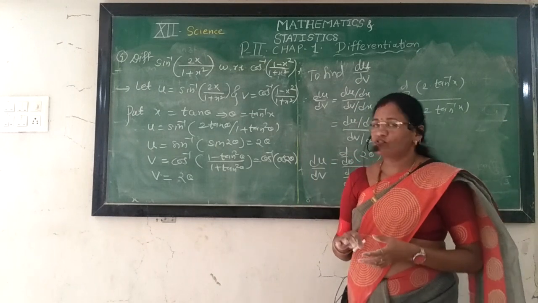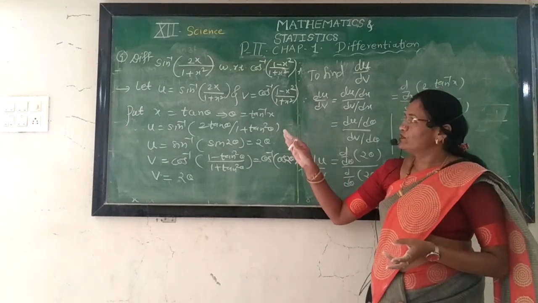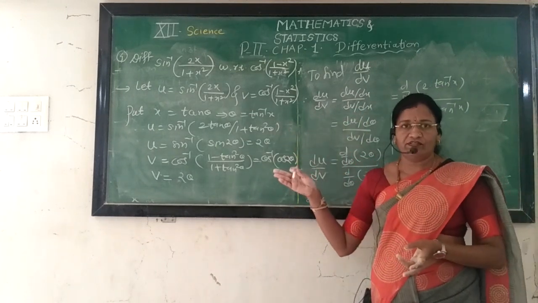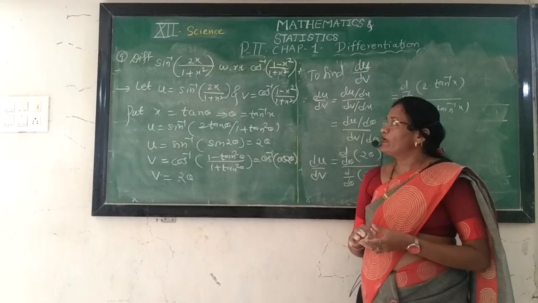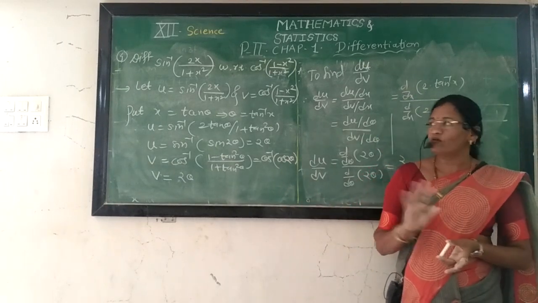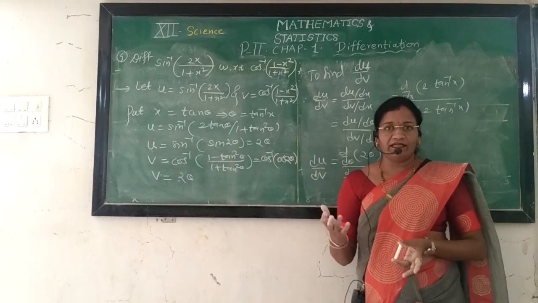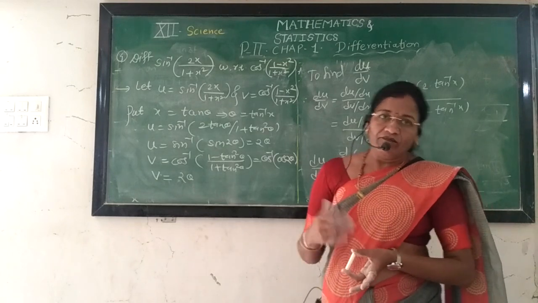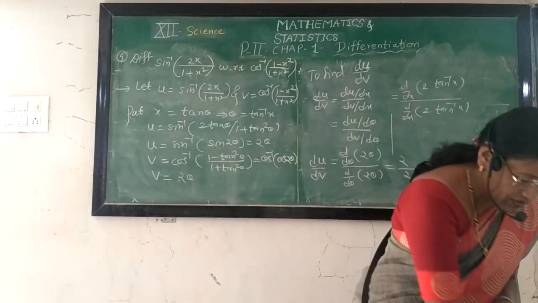By using proper substitution we find the derivative of a function with respect to a second function. So here u and v, or x and y, are not given to you. You have to find the differentiation of the function with respect to the given function.